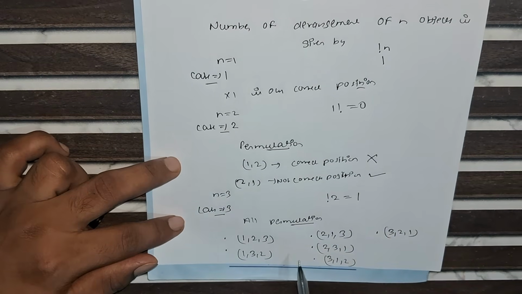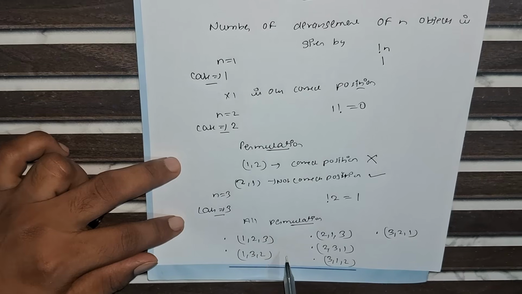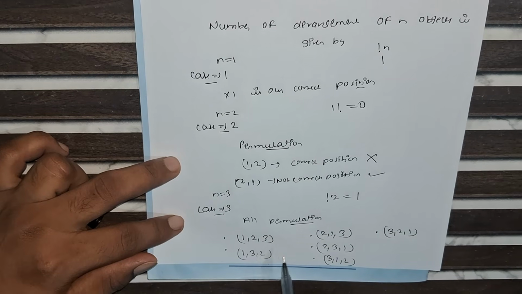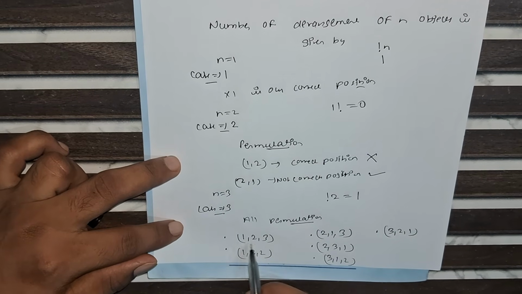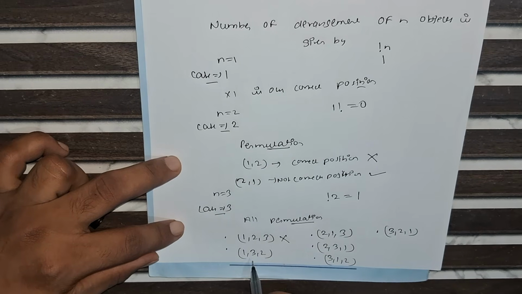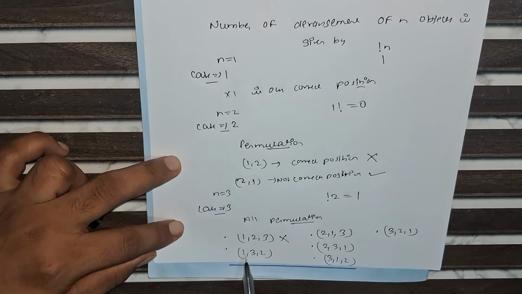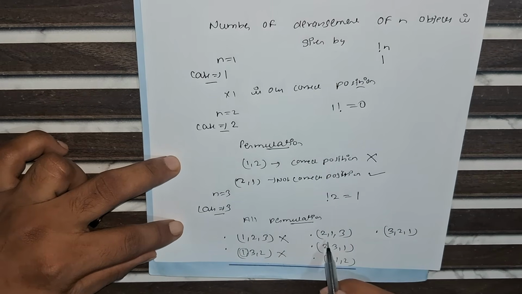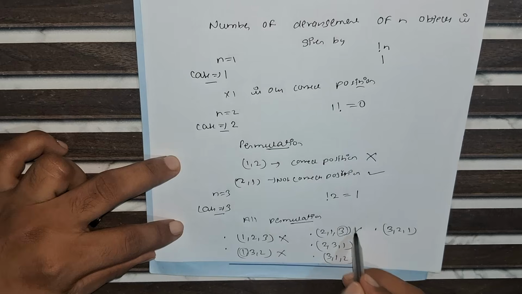So first we remove the permutations which are in correct position, because in this question we have to find the derangement. So 1, 2, 3 is a correct position, so we remove this one. If any element is in correct position, we should remove it. In this, 1 is in correct position, so we remove this one. In this, 3 is in correct position, so we remove this one.